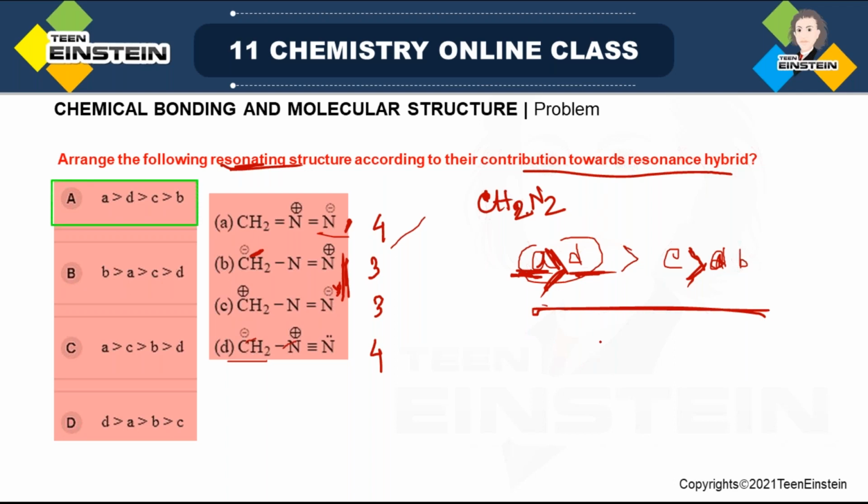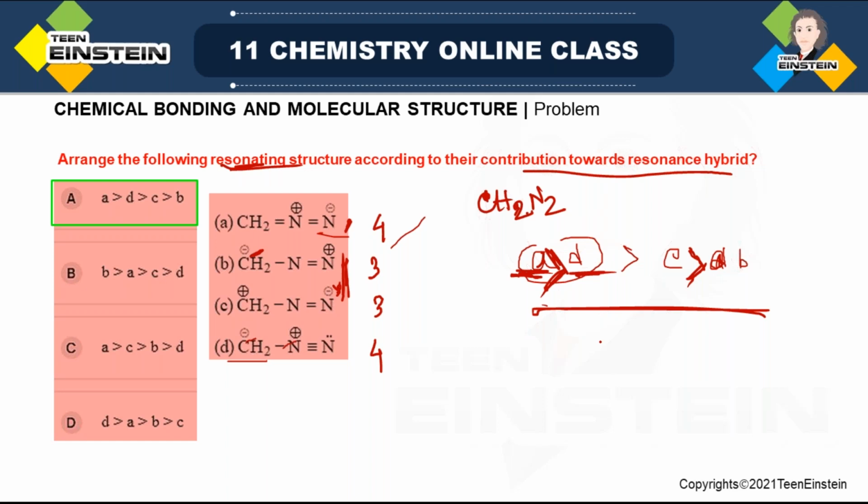First option, fine. So this is the order of stability. Though in the question it is written a different way, it is asking according to their contribution towards resonance hybrid. But this is another way of saying stability order, because when stability is high, contribution is also high.